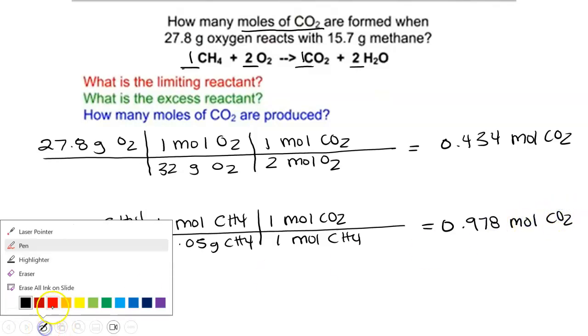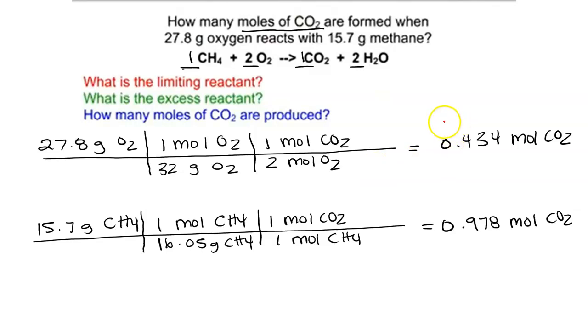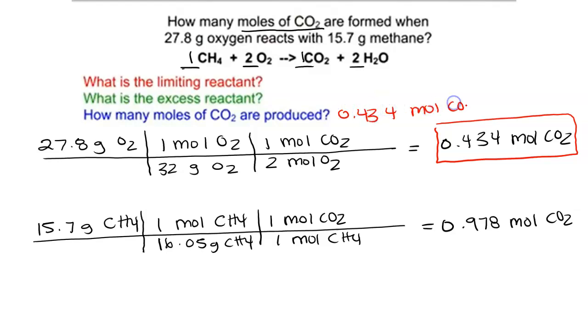Once again, I'm going to compare these values, and the smaller amount is the one that's actually made. So 0.434 moles of CO2 are going to be made. That's coming from the limiting reactant of oxygen. So my other reactant is in excess, which is the CH4.